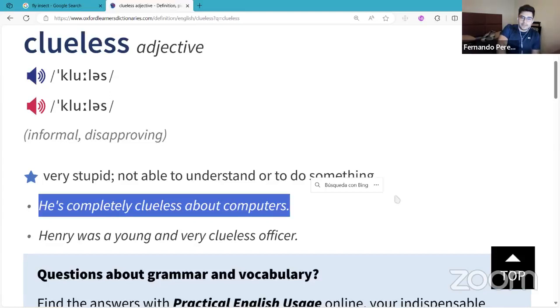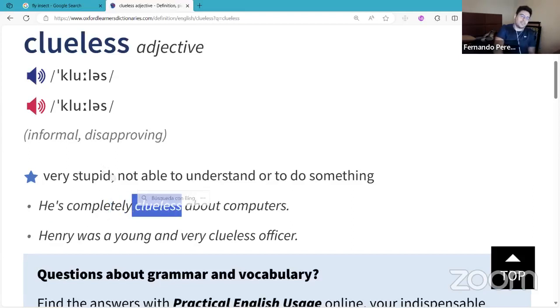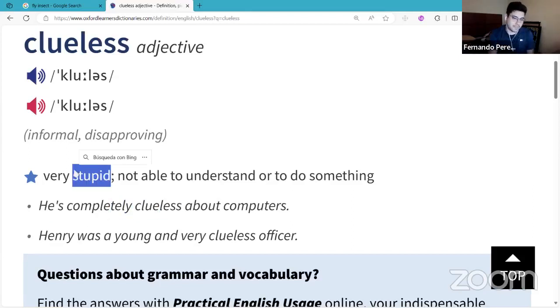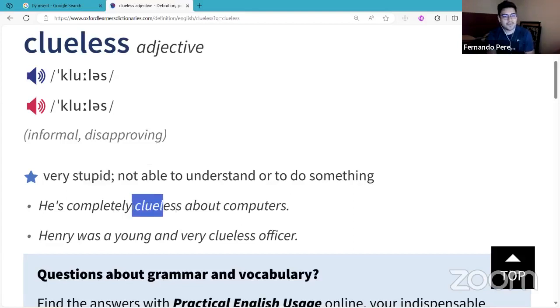Right? And that's even better than to call someone stupid. If you call someone stupid, you're being super rude. But the word clueless can make it a little bit less strong. You know what I mean?